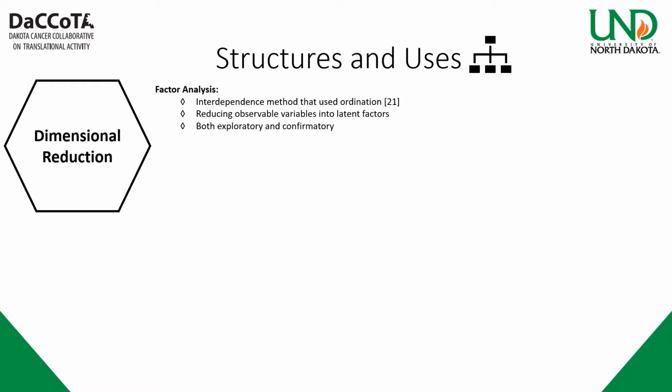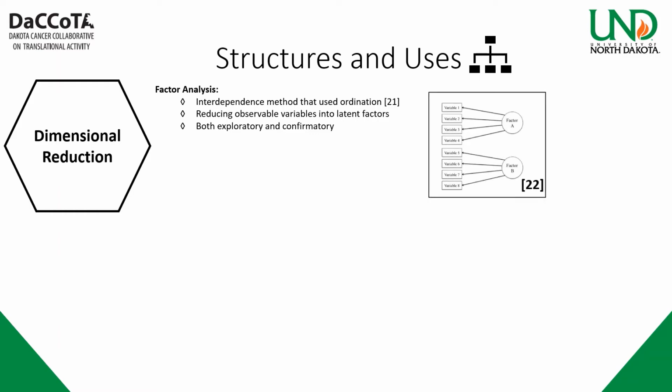Typically what we're trying to do here is reduce a bunch of variables into latent factors. The idea is maybe we have all sorts of variables and that's too much to deal with, and we'd like to reduce them down to their underlying essence, what might be causing them.